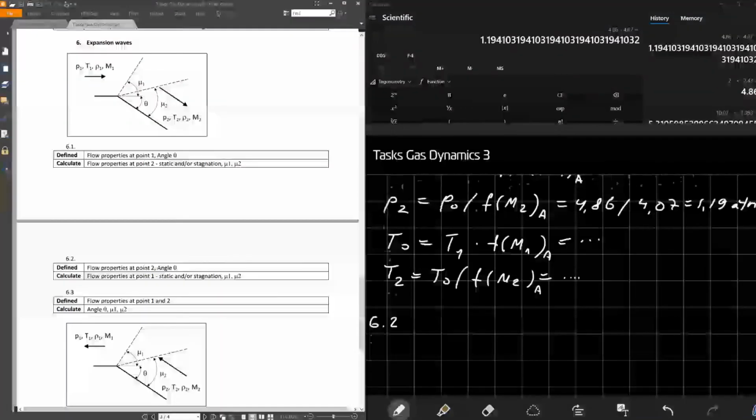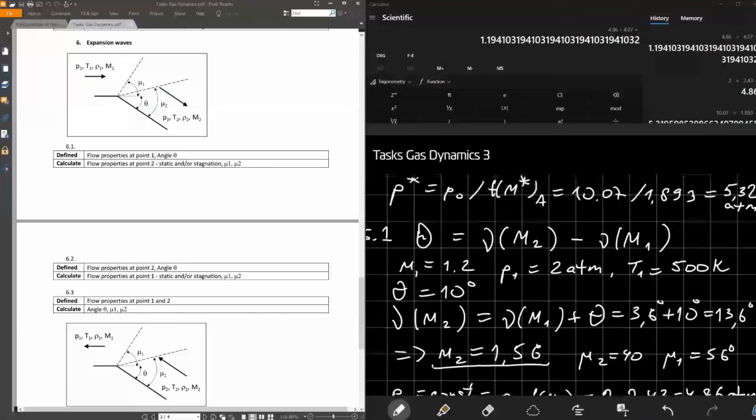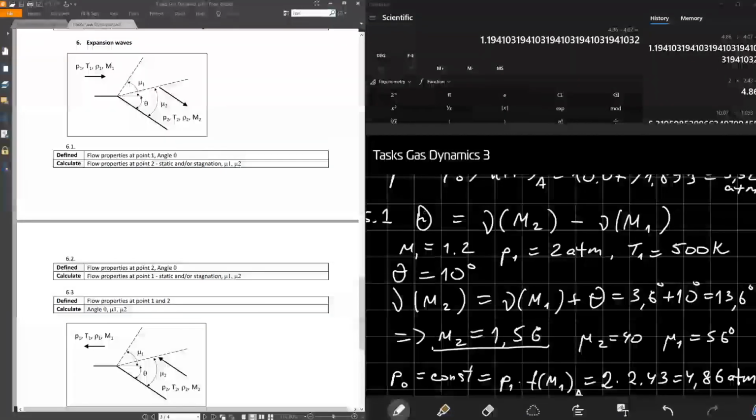Going back to the Prandtl-Meyer relation, where theta is a difference, we express the Prandtl-Meyer function at point 1, and in this case it is the difference, right? It will be, okay, a new m2 minus theta.